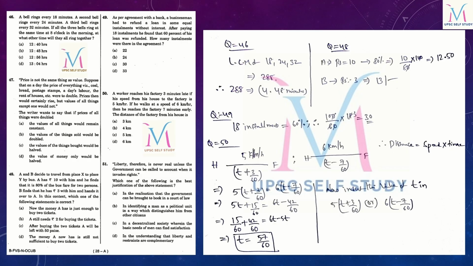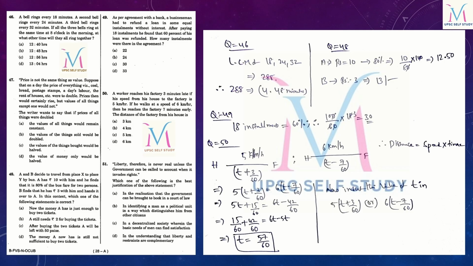Okay, so the option is B. Again at 12:48 the bells will be ringing together. I hope you understood the question. So for question number 46, the answer is B.